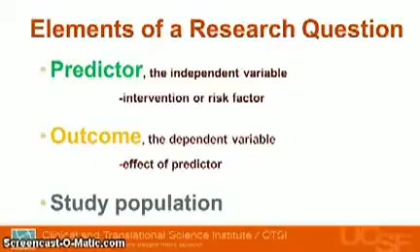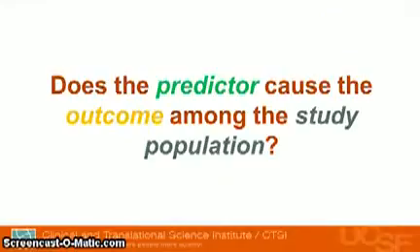You then take those components and put them in a fairly predictable order that looks like this. Does the predictor cause the outcome among the study population? This is a good example for an interventional study, like a randomized trial.